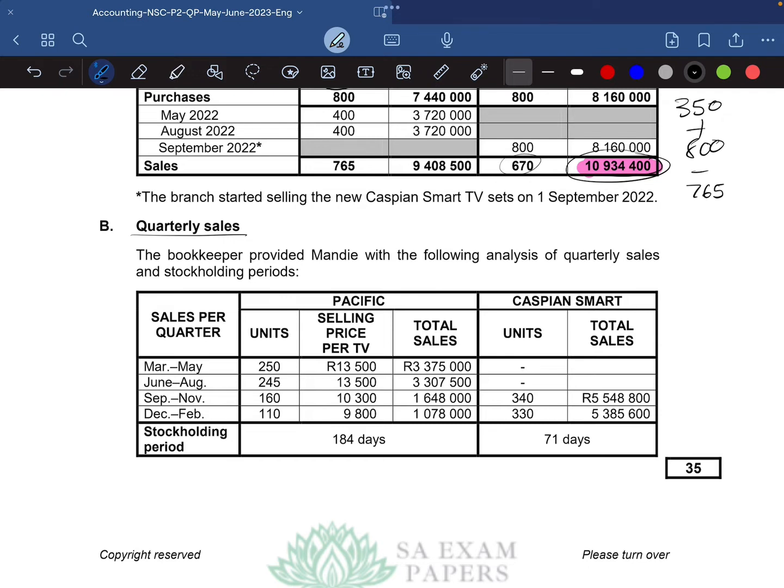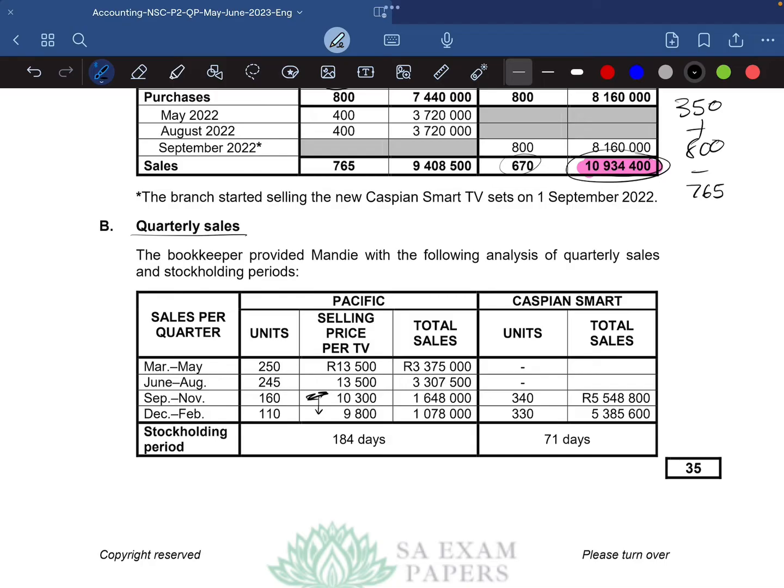If you look from March to May, June to August, September to November, December to February, our sales are gradually decreasing, because here we have 250, 245, 160, 110. And this is where she asked the bookkeeper to decrease the selling price, which decreased from 13,500 to 10,300, and then she decreased it again to 9,800.